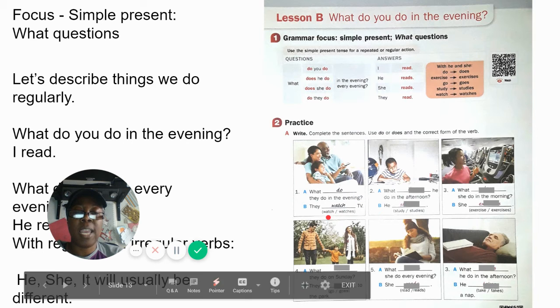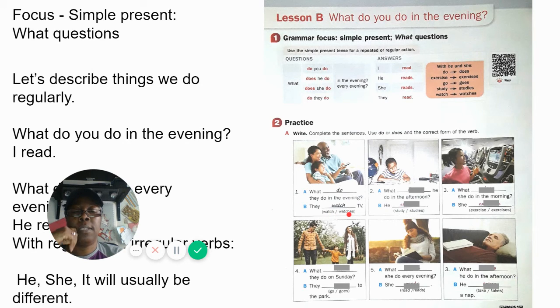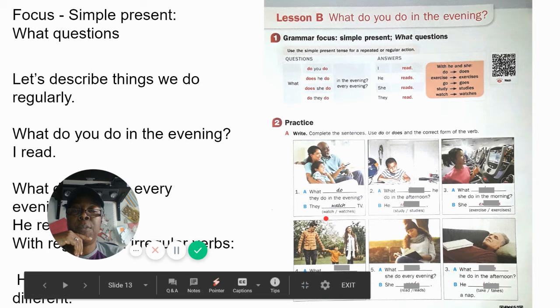And our answer, we have to choose either watch or watches. Well, if you think about our simple present, our plural form is the same as our regular singular form.